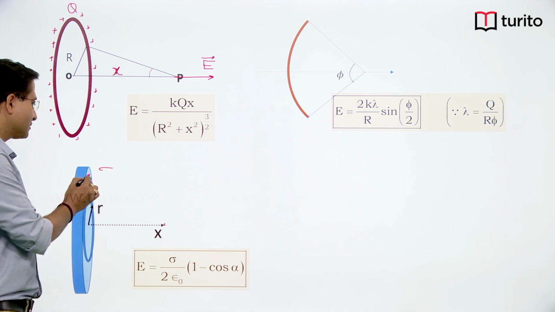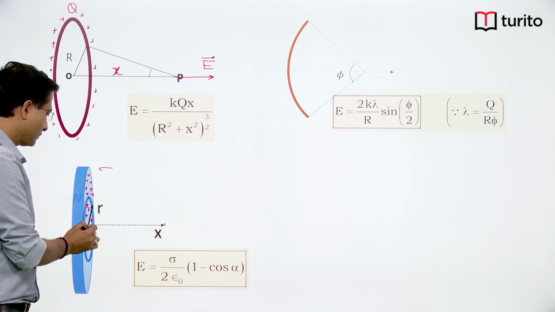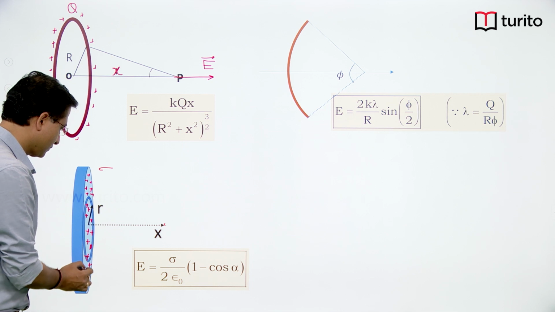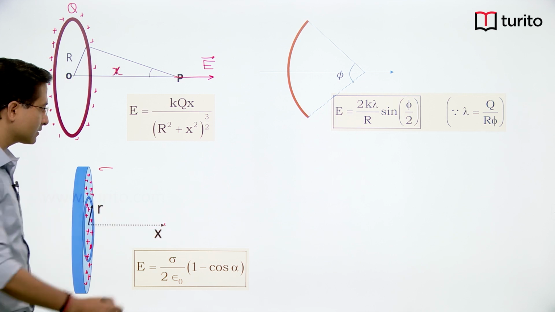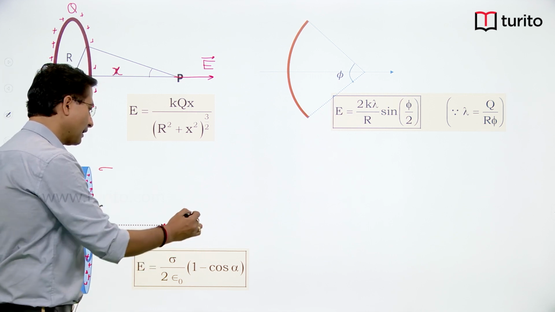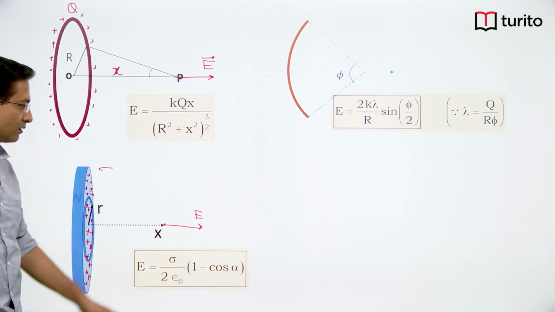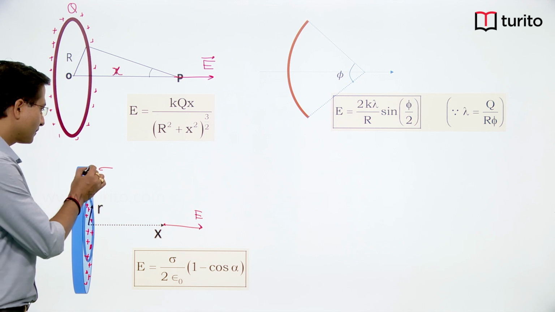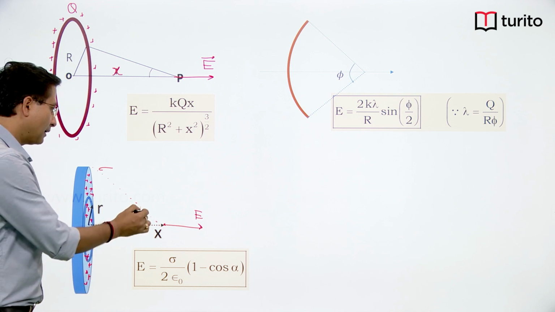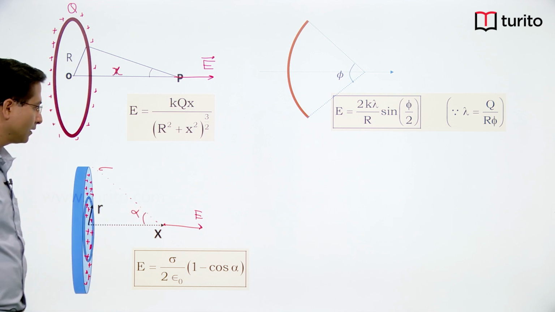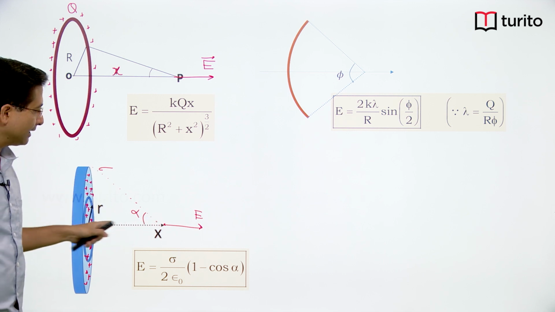If charge is distributed over the face of the disk, then the field created by the disk will be away from the disk along the axis, with magnitude sigma upon 2 epsilon naught (1 minus cos alpha), where alpha was the angle between the line joining the periphery to that particular point and the x axis.